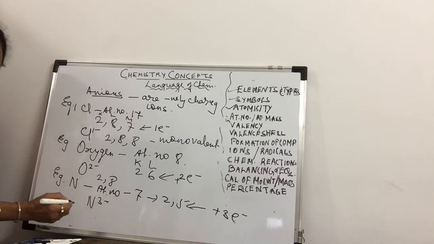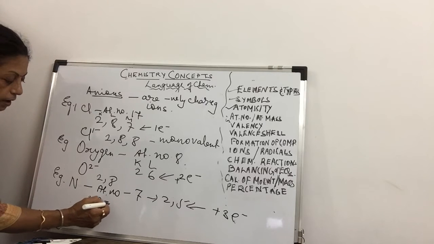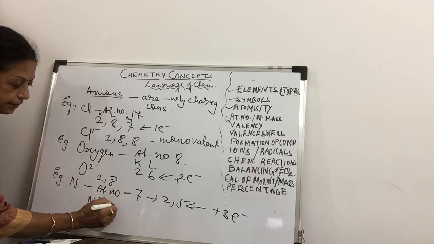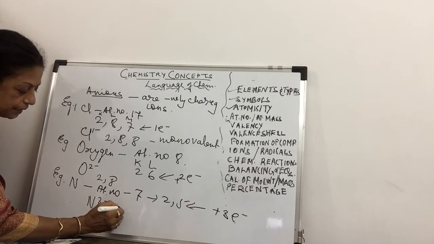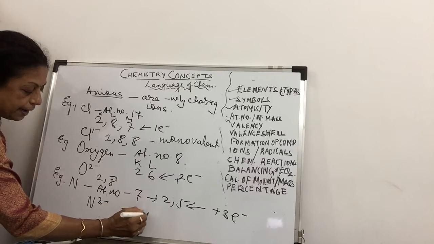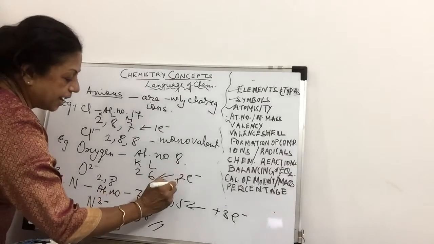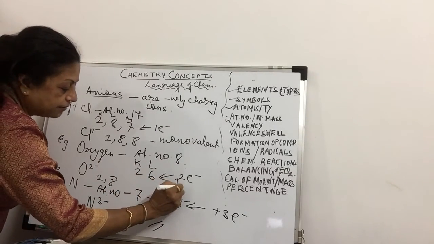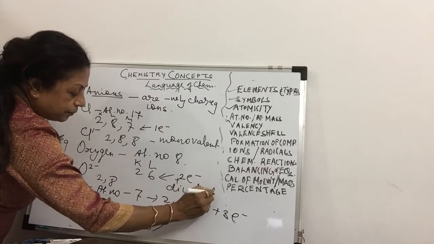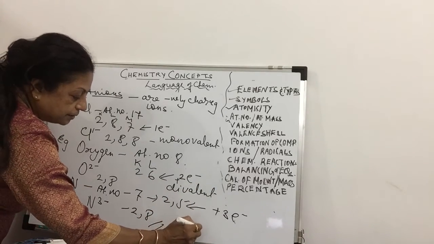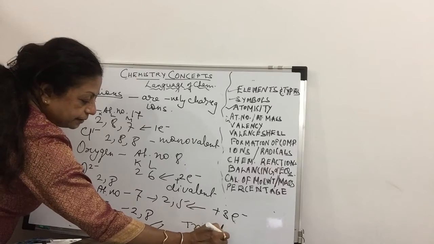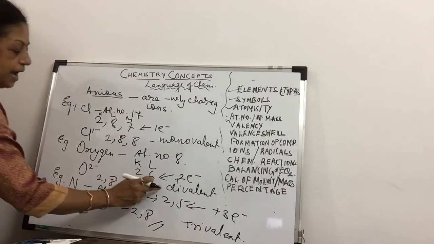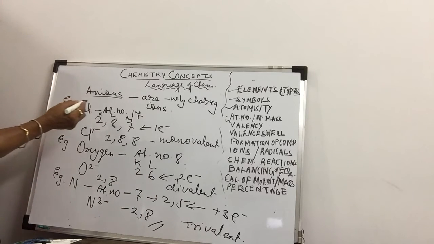And the electronic configuration will become 2 and 8. So oxygen is a divalent anion, and this is a trivalent anion.